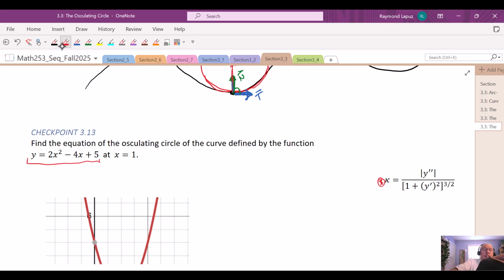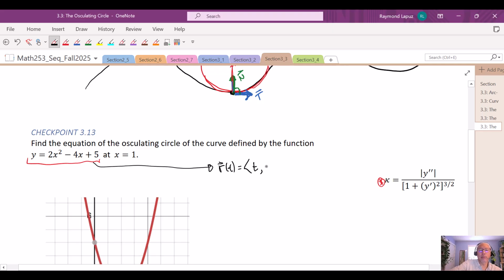This function over here can actually be written as r of t. I think we've done this once or twice before. I can just take my t variable and make that my x, because x seems to be the independent variable in this scenario. So t is independent, and then my y is dependent on x, which is now equal to t.